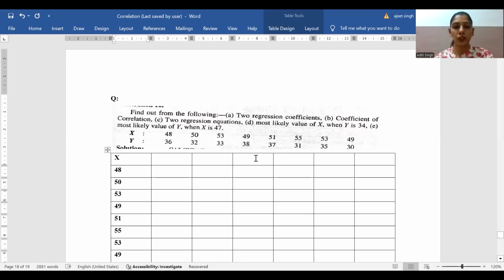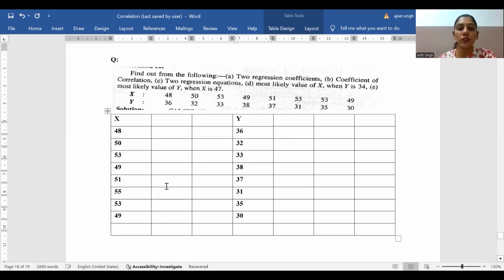Now let's put the values of y: 36, 32, 33, 38, 37, 31, 35, and 30.